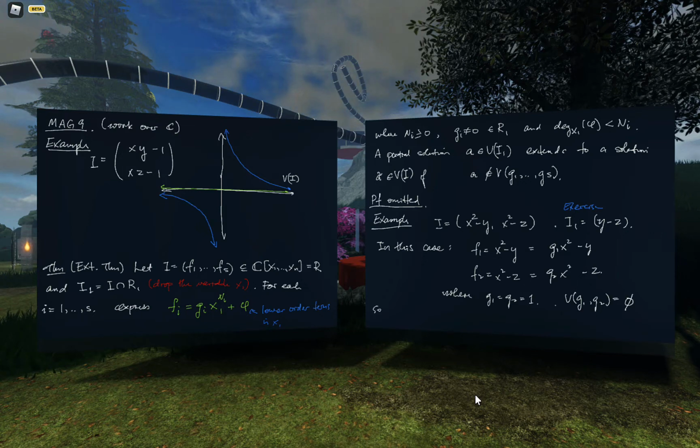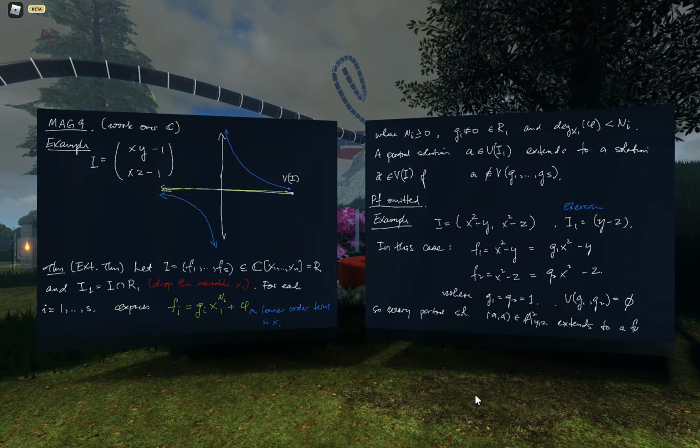Now, every partial solution, and the partial solutions are just parameterized by, I guess, A, right? This is inside A to YZ extends to a full solution.